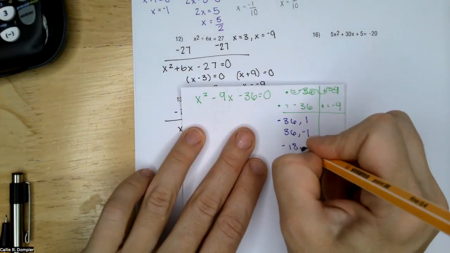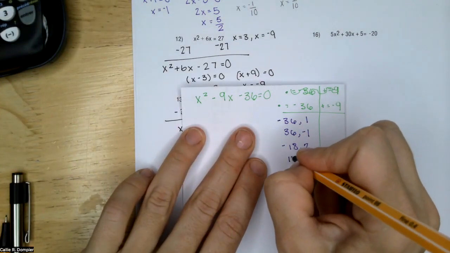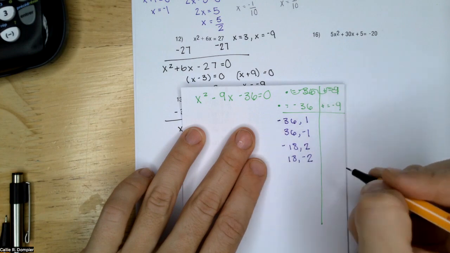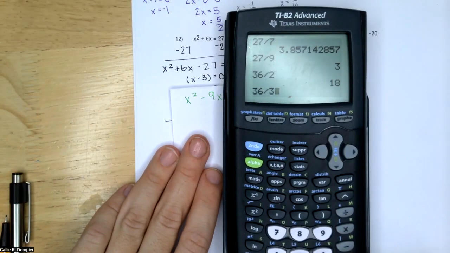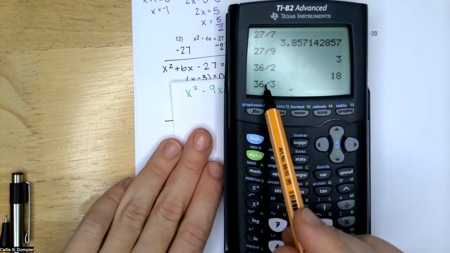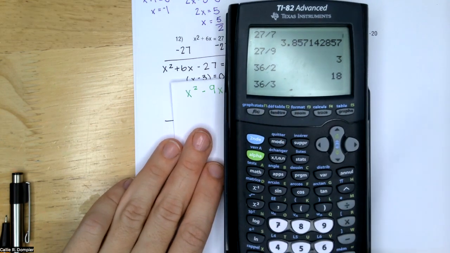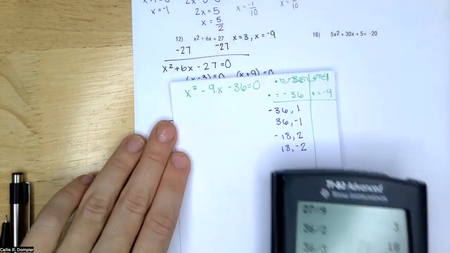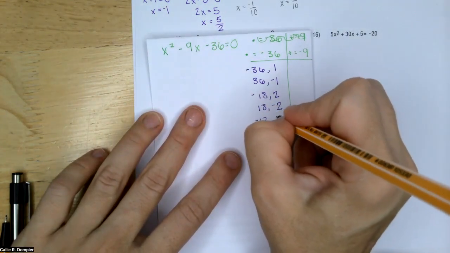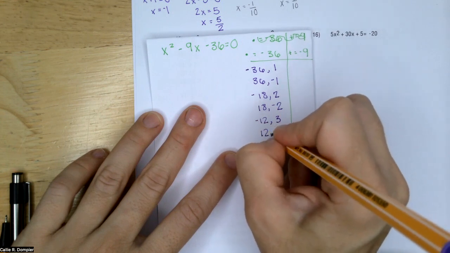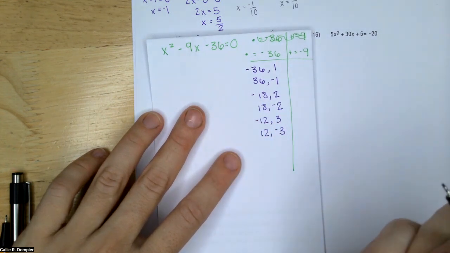Negative 18, positive 2, positive 18, negative 2. 36 divided by 3, what do you think? Well, 30 is divisible by 6, or by 3, and 6 is divisible by 3, so it's going to be 12. Negative 12, 3, positive 12, negative 3, right?